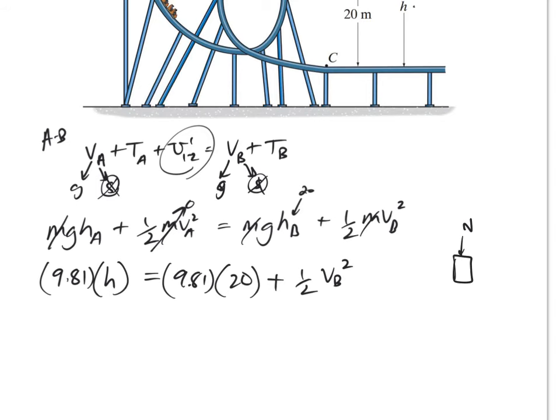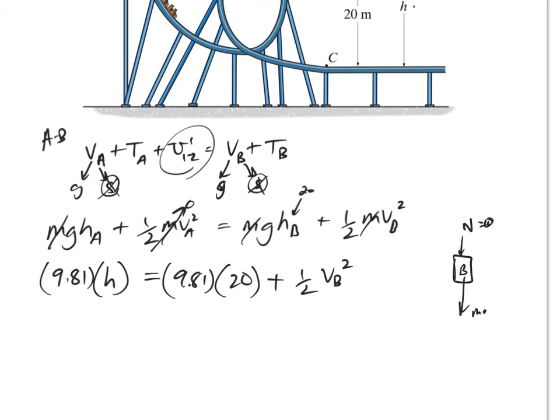If it barely makes it, then this normal force of the track pushing it down is equal to 0. It is almost going to leave the track, right? So I set that normal force equal to 0. But what else do I have? Let me look at the free body diagram for the roller coaster at B.